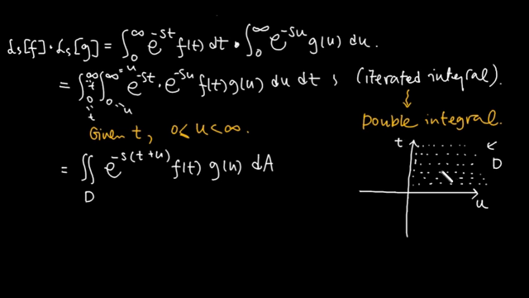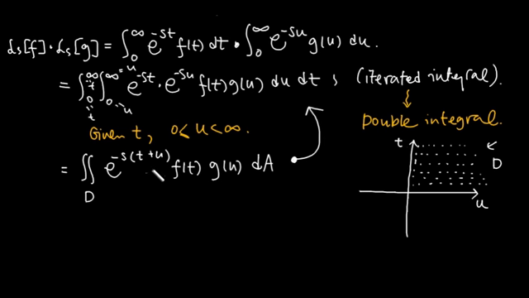Like delta x in calculus 1 is the short line segment, this dA, or delta A in the Riemann sum version, represents the area of a short piece in this two-dimensional region. So this is the double integral symbol, and if this region D is the first quadrant infinite region like this, you can convert it into an iterated integral like this.